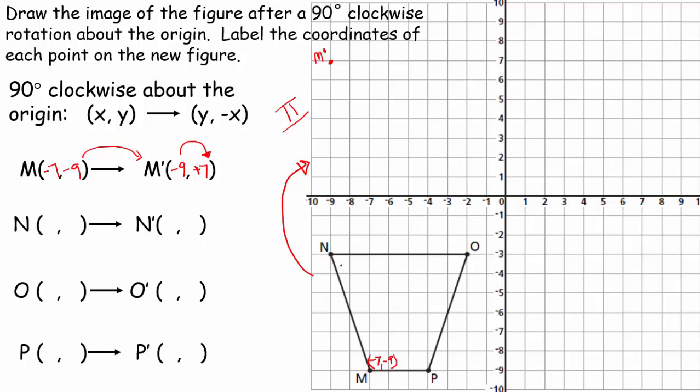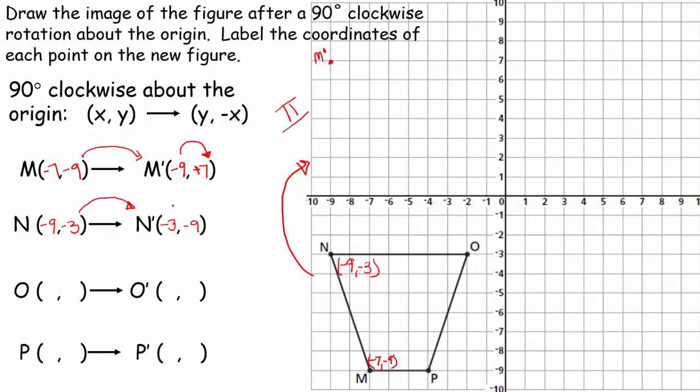Point N is located at -9, -3. I'm going to go ahead and write that in over here, -9, -3. First thing I have to do, according to my rule, is switch the order of x, y and make it y, x. So -9, -3 first starts as -3, -9.